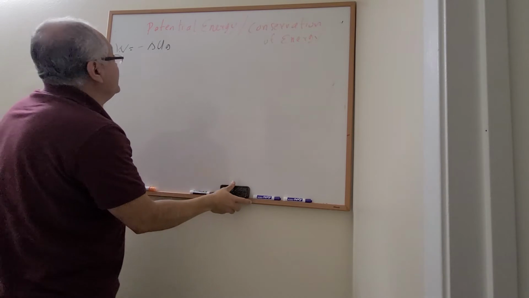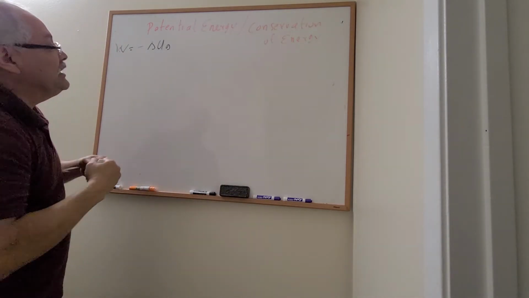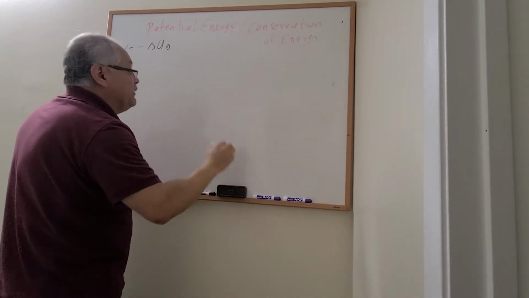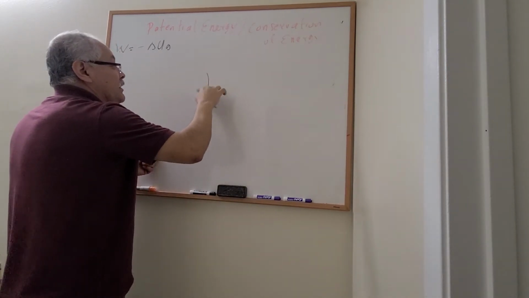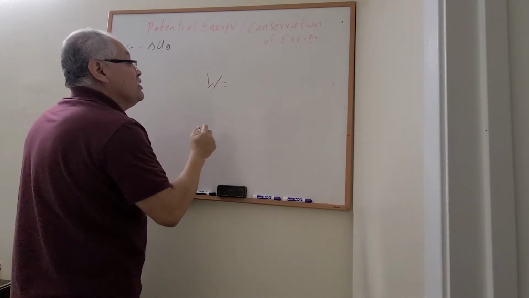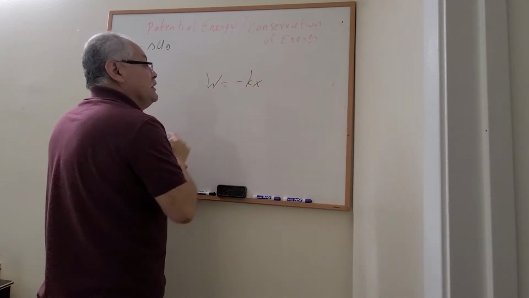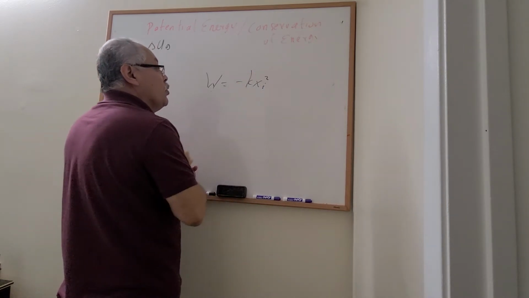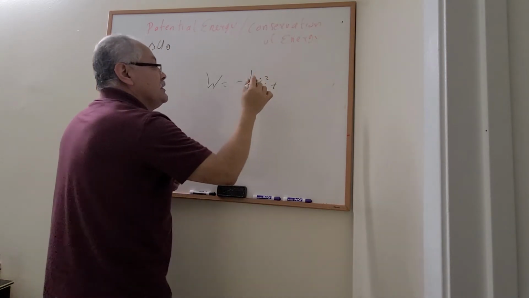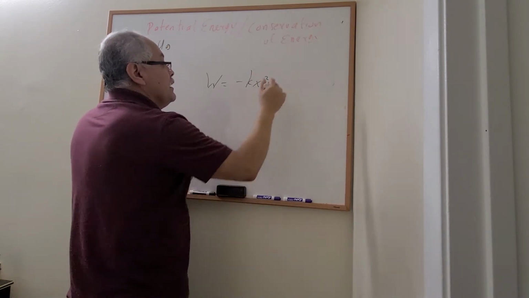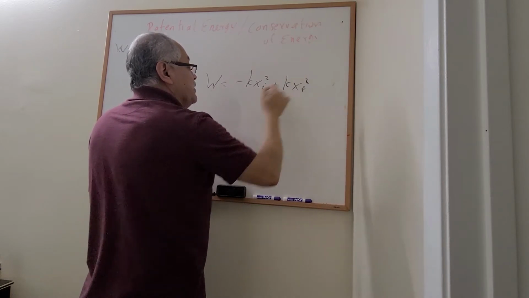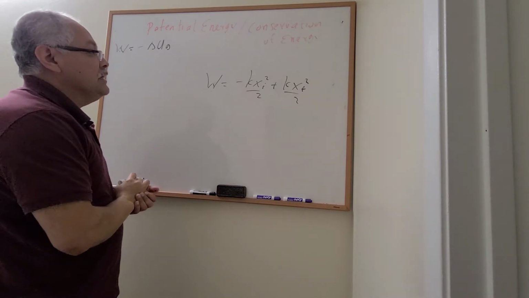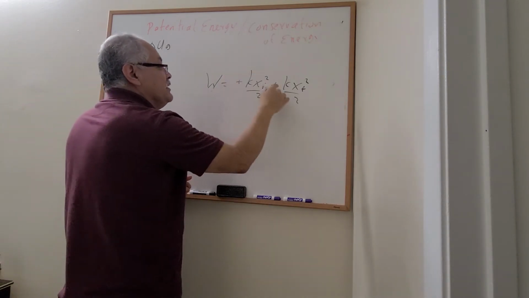Now let's compare this to the elastic potential energy we did last time. The work done by the spring is equal to negative kx initial squared over 2, plus k x final squared over 2. Actually, this one is plus and this one is negative.